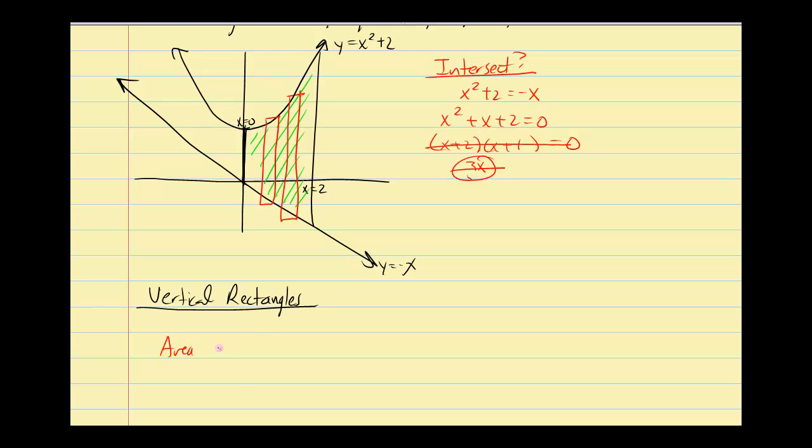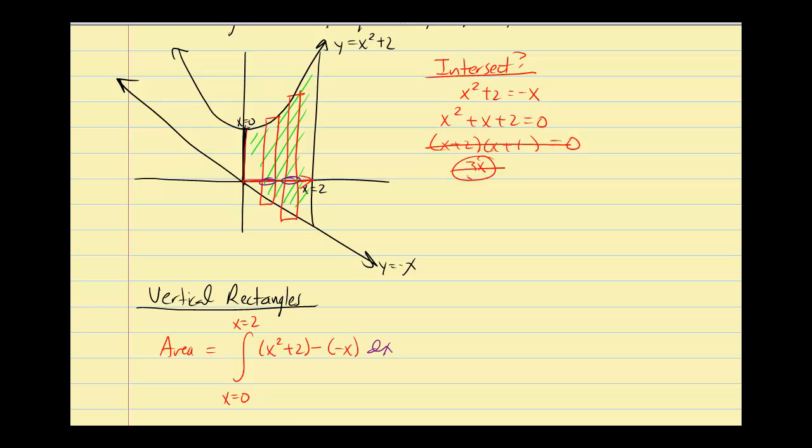So my area using vertical rectangles will go from, well, we'll figure out our limits of integration here in a second. Looks like we'll start at 0 and go clear across until we get to 2. So my limits of integration go from x equals 0 to x equals 2. Now we need our upper curve minus our lower curve. So my upper curve is x squared plus 2 minus my lower curve, which is negative x. The incremental width of each one of these rectangles is going to be dx.